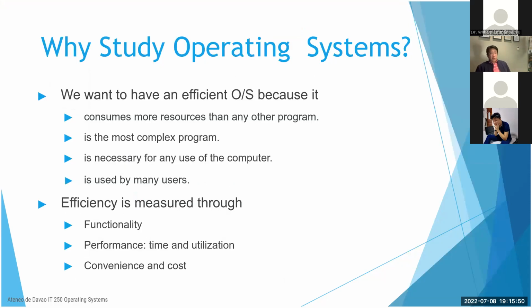So why do you have to study operating systems? Because you want an operating system that is efficient. Operating systems are important because they actually manage resources. You saw all the resources a while ago: CPU, memory, disk, and network. That's actually managed by an operating system because you don't want your applications to have to worry about managing resources, number one.